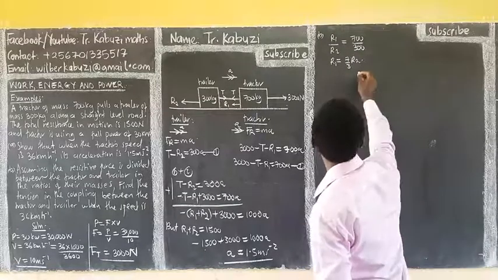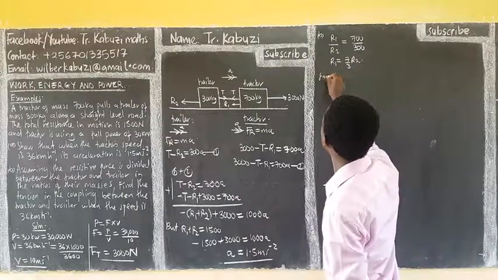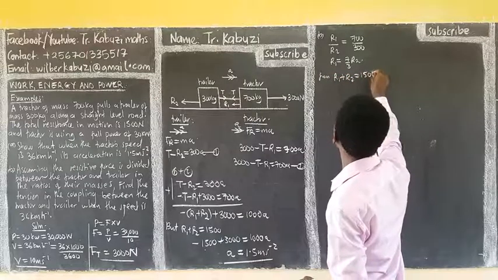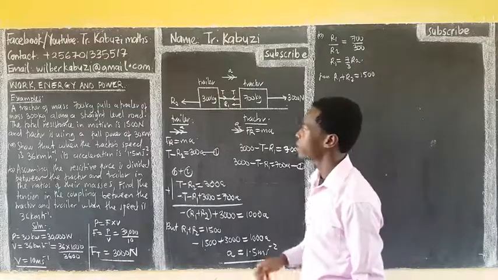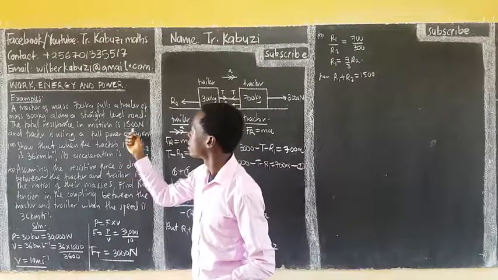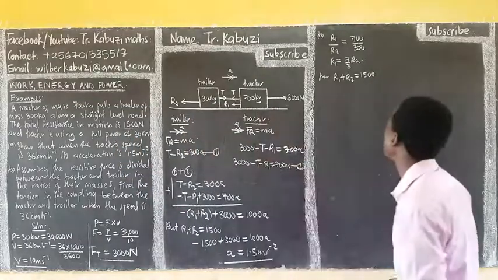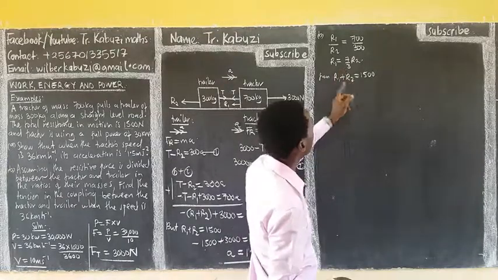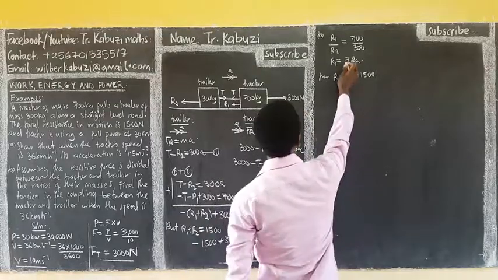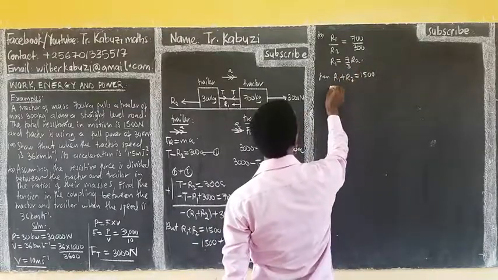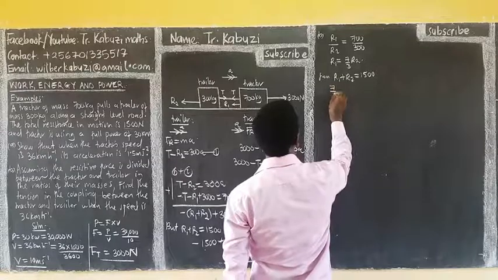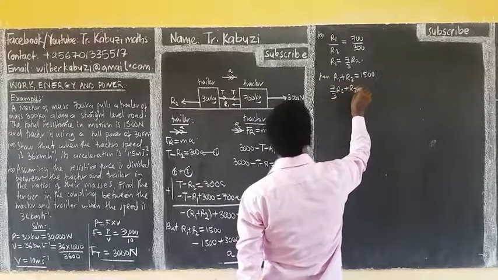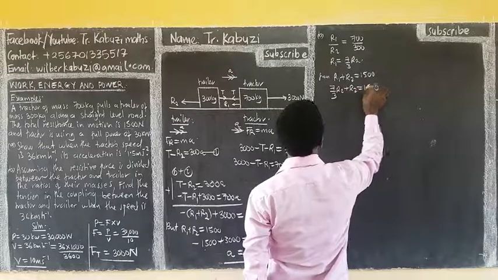Because I know from R1 plus R2 equaling 1,500. Why? Because they told us that the total resistance is 1,500. So if I put this, from here I have now 7 over 3 R2 plus R2 equaling 1,500.